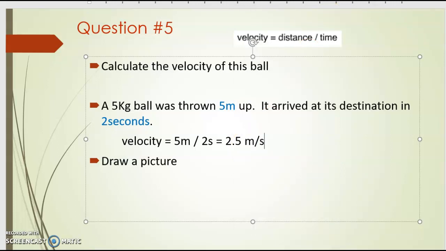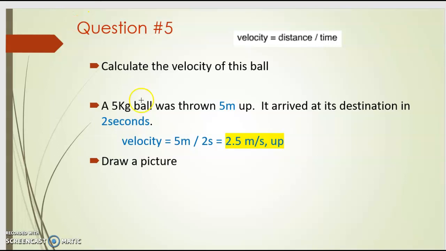And because it's a velocity, we also have to have a direction. So the direction is up. 2.5 meters per second up, right? Because velocities have speed and direction. And again, you can draw a picture. It's the same way.